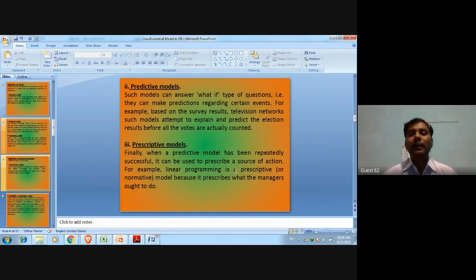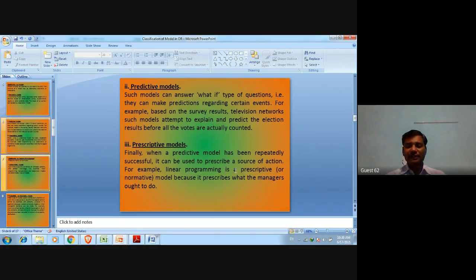Suppose a company is launching a new product and has conducted a survey. After getting the responses, they can find out whether the product will be a success or not.